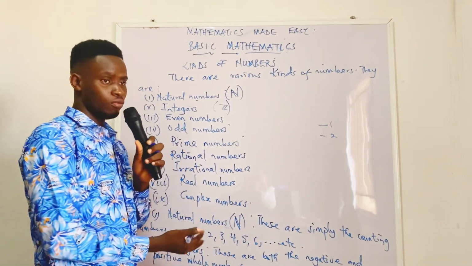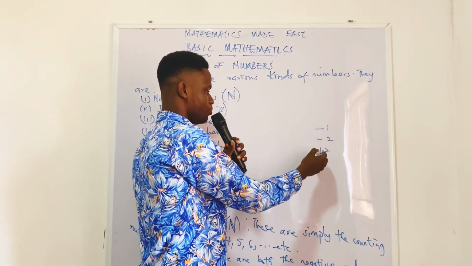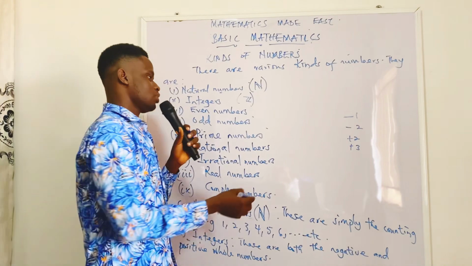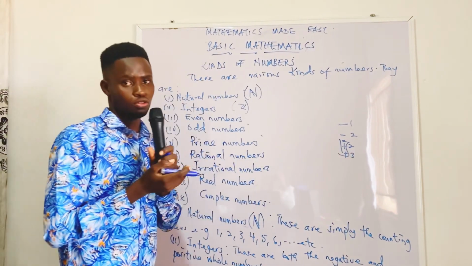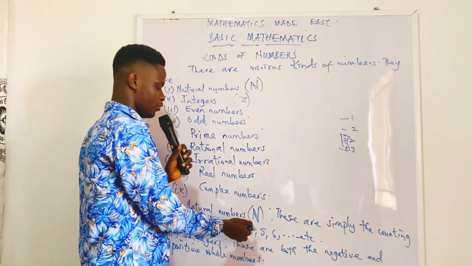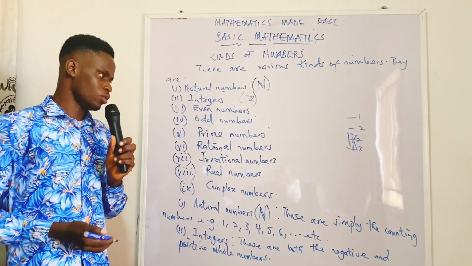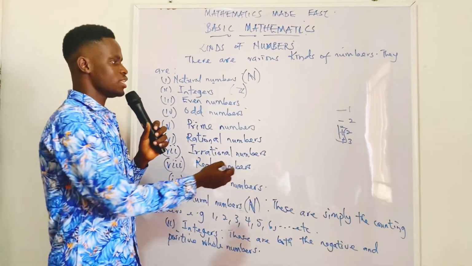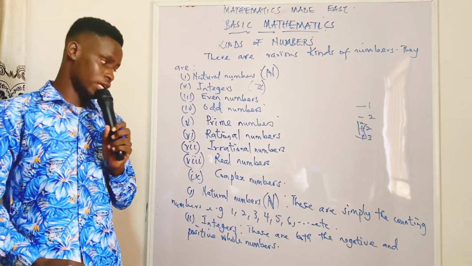In the case of positive numbers, the numbers have a positive sign, the plus sign, like +2, +3, and so on. Most of the time, they normally don't put the positive sign in front of a positive number, just like this 1, 2, 3, 4. These are also positive numbers. They just don't put the positive sign there. So these are what we call positive numbers. And whenever you come across a negative sign before a number, you should know that it refers to a negative number.